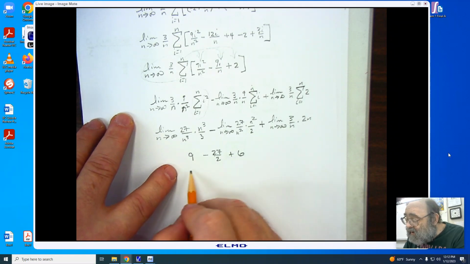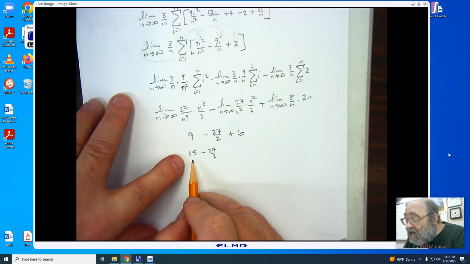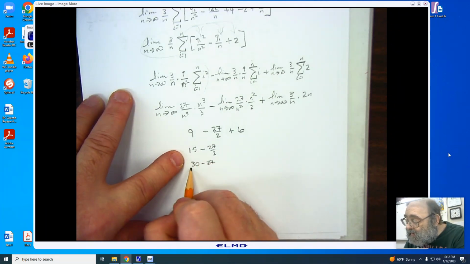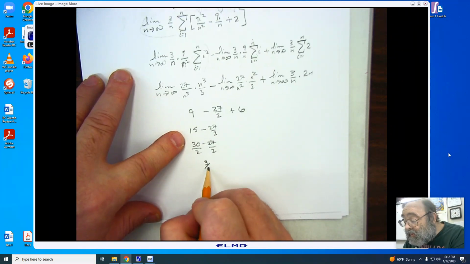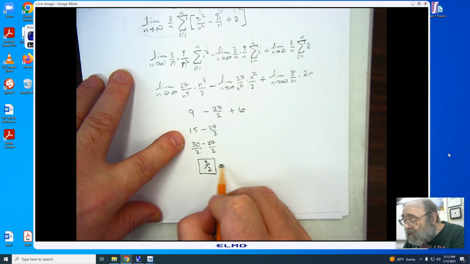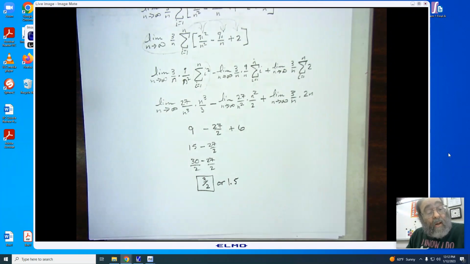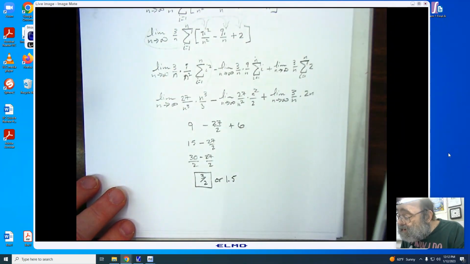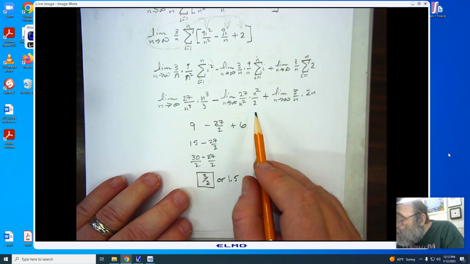Now you'll notice this is giving me 15 minus 27 halves, and if I get this into the common denominator, it's 30 minus 27 halves. I end up with 3 halves, or if you prefer, 1.5. Let's now take a look at our answer and make sure that we get the correct answer that we want. And I think I have an error. Where is my error?